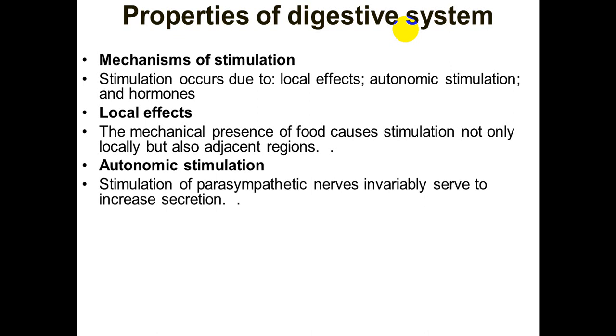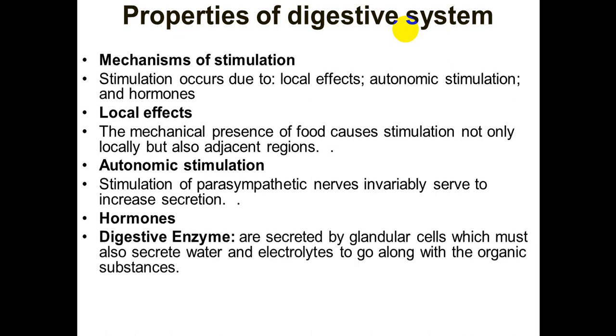Stimulation by sympathetic nerves may increase some secretion, but usually diminishes blood flow, which will usually decrease overall secretion. Hormones are another mechanism of stimulation. Digestive enzymes are secreted by granular cells, which must also secrete water and electrolytes to go along with the organic substance. Finally, the mucous cells provide protection and lubrication.